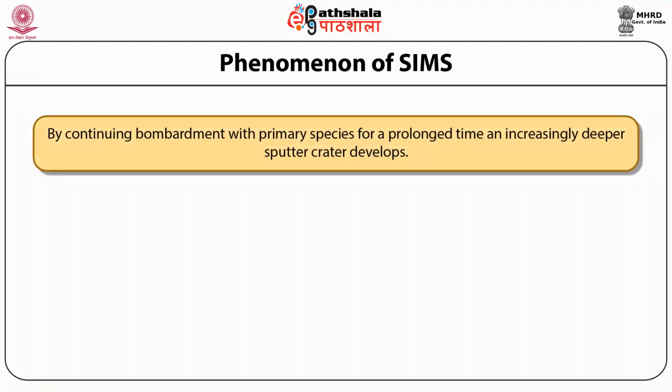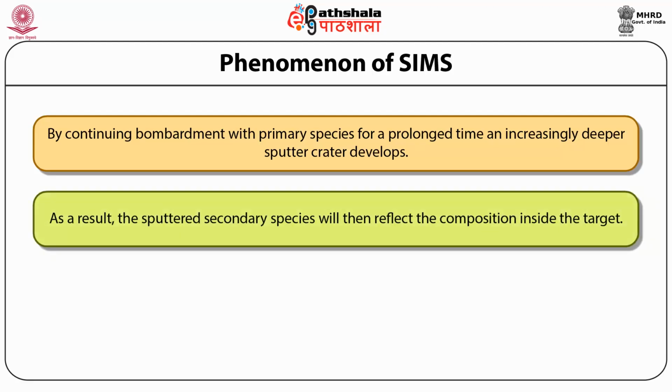By continuing bombardment with primary species for a prolonged time, an increasingly deeper sputter crater develops. As a result, the sputtered secondary species will then reflect the composition inside the target.